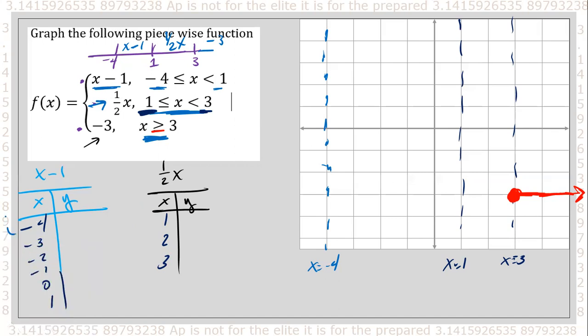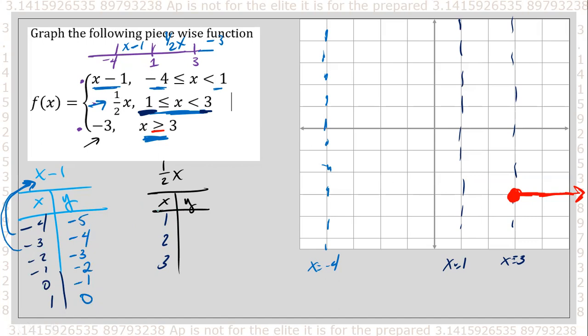So -4 minus 1 gives me a -5. -3 substituted into x gives me a -4. Pretty much everything's going to be subtracted 1, so -3, -2, -1, and 0.